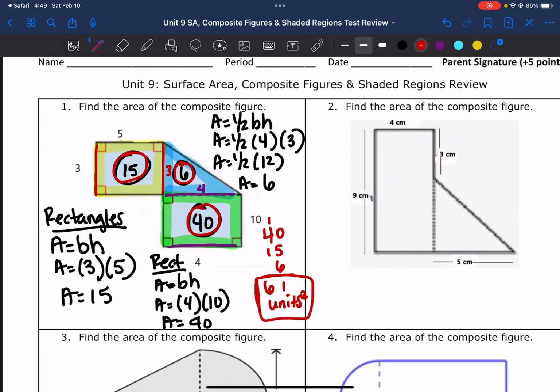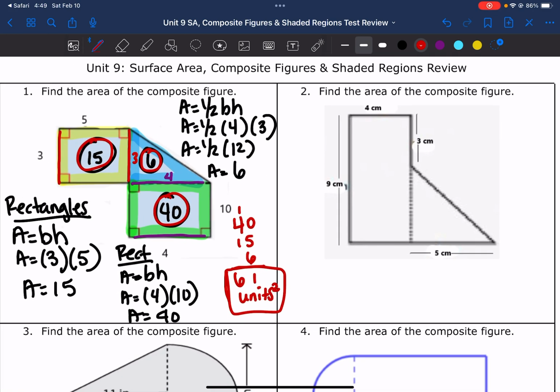Okay, here, let's look at number 2. And again, the first thing that I want to look at is all of the lengths. So here I know that if this side is 3, this side over here is going to be 3 as well. Okay, so here, not 3, excuse me, if this side over here is 9, this side is also going to be 9.